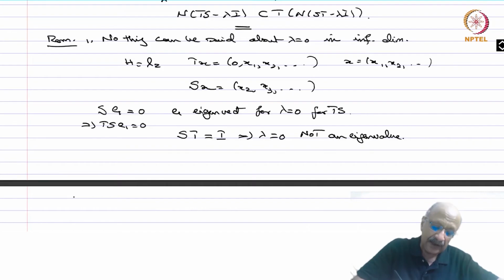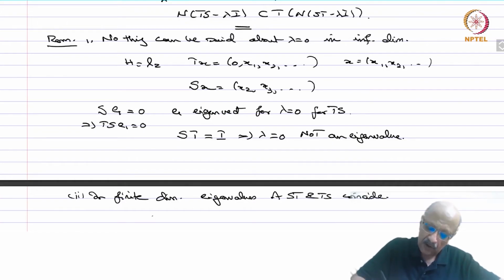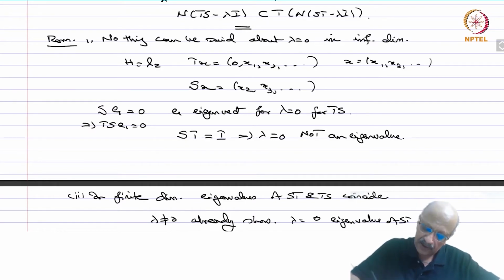Of course, in finite dimensions, the eigenvalues of ST and TS coincide. We have already shown it for lambda not equal to 0. So if 0 is an eigenvalue of ST, that means determinant of ST equals determinant of S times determinant of T equals 0.